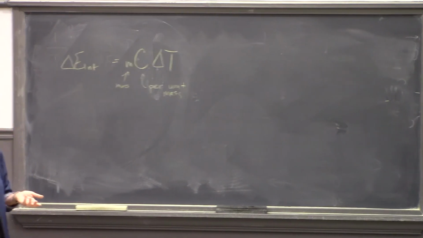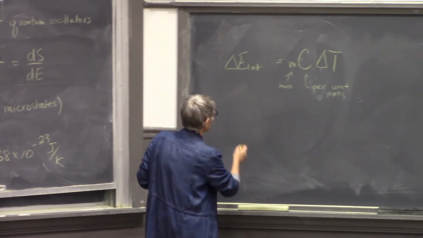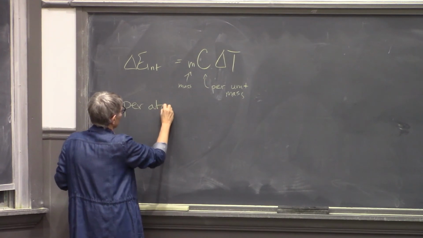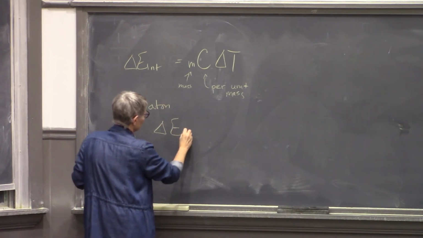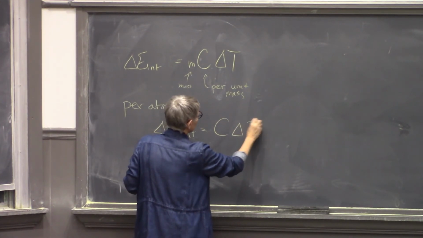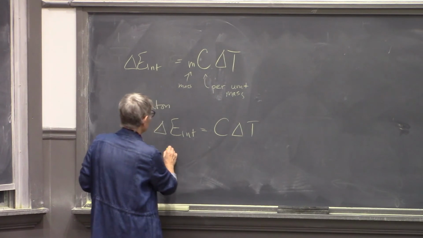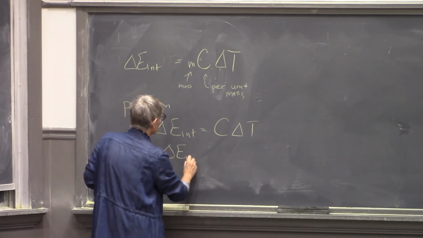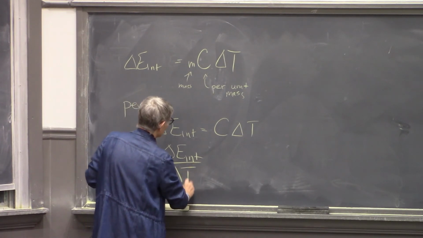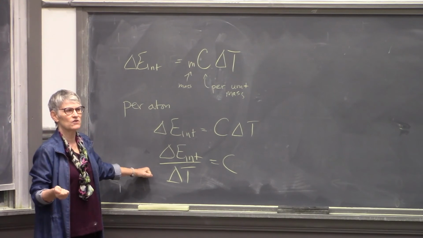So instead of per gram, it could be per atom. And so per atom, we can write the change of internal energy is equal to the heat capacity times the change in temperature, which would mean that the heat capacity of something is just the ratio of change in internal energy to change in temperature.